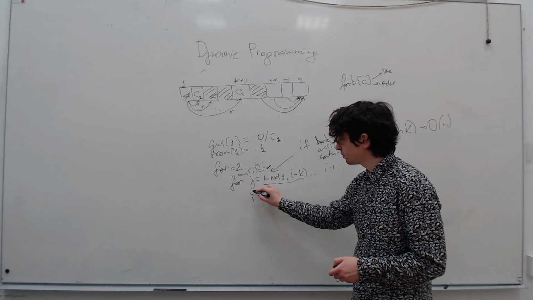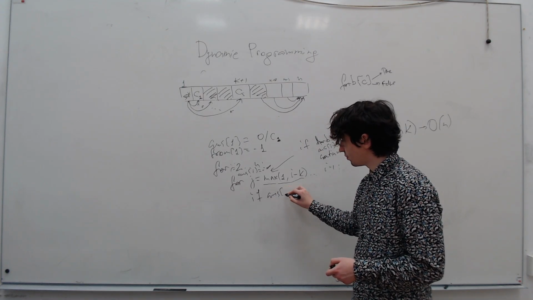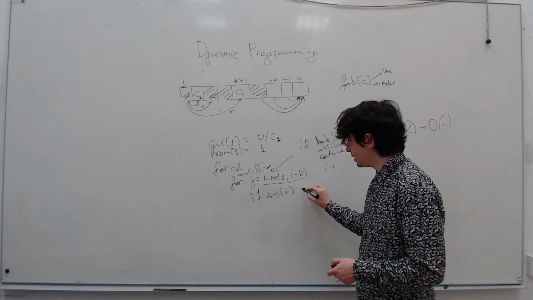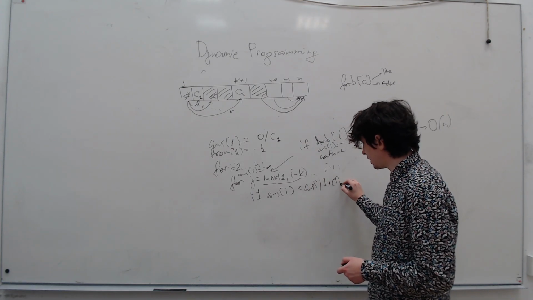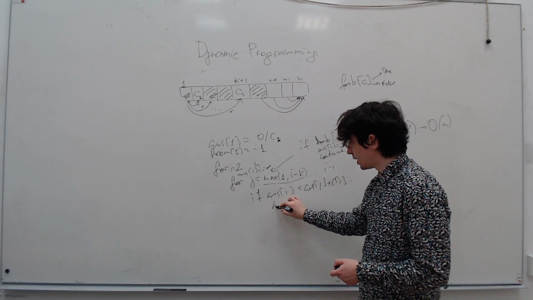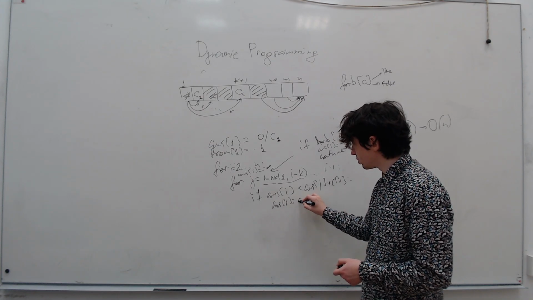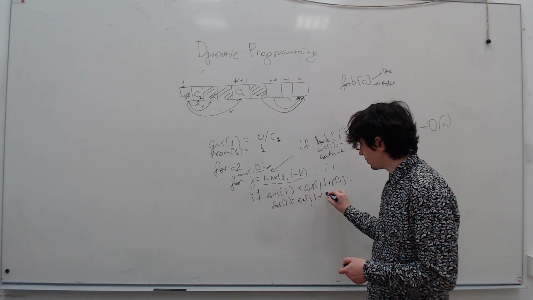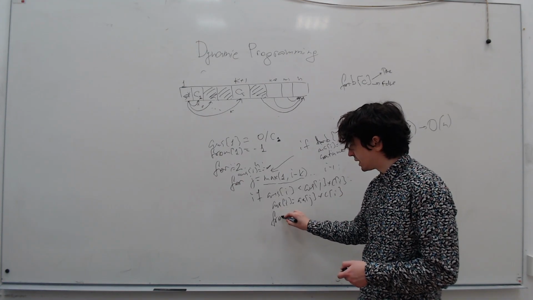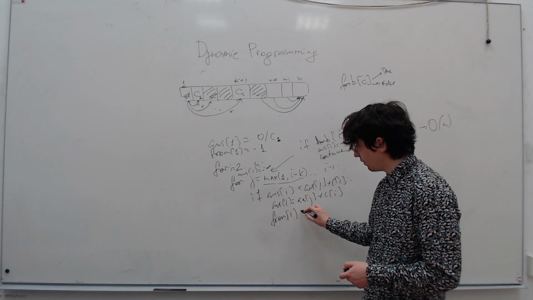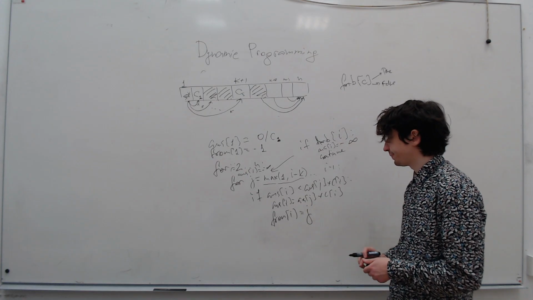So if ans of i is less than ans of j plus ci, then we set ans i equal to ans j plus ci, and we say that we jumped to i from the position j.